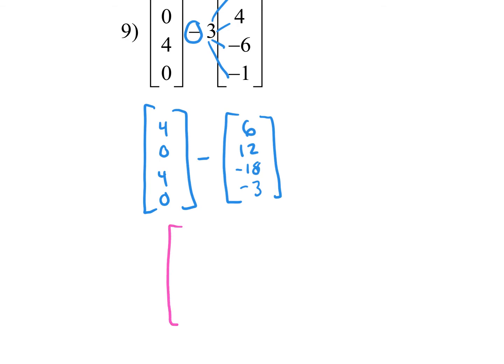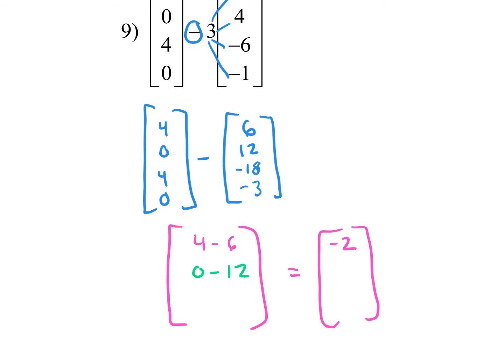All right, now we're going to subtract. So I have 4 minus 6. What's 4 minus 6? -2. Next, I have 0 minus 12, which is -12. Then I have 4 minus -18.